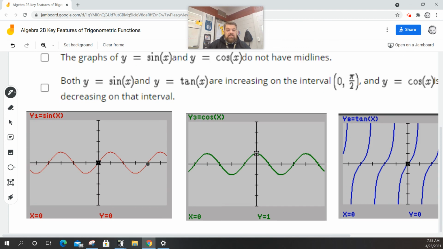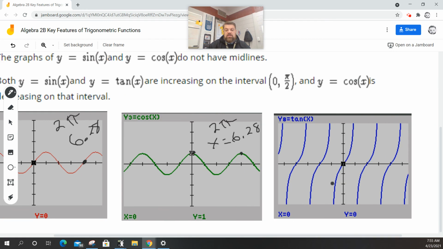Basically, from here to here is one full period, and that occurs at 6.28, which is actually equal to 2 pi. Same thing here. From here to here, this point right here is x equals 6.28, which is 2 times pi. So that's the period.